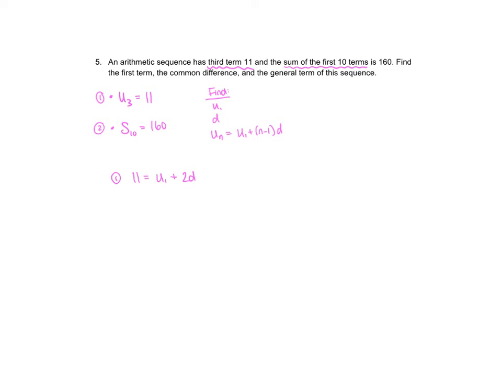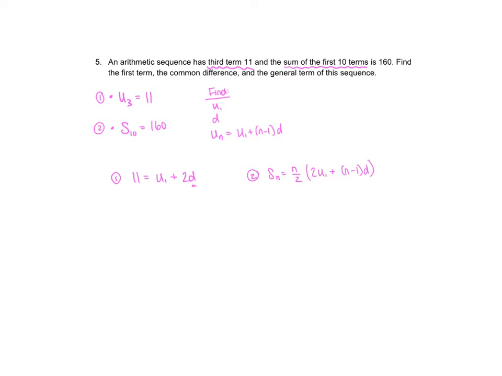Let's use this formula, Sn equals, since this has d, we're going to use the series equation that also has d: n over 2 times (2u1 plus (n minus 1) times d).